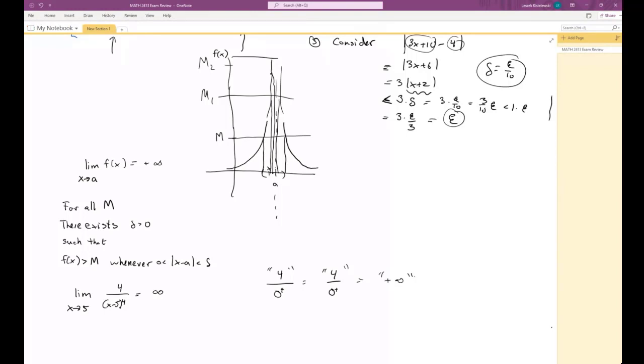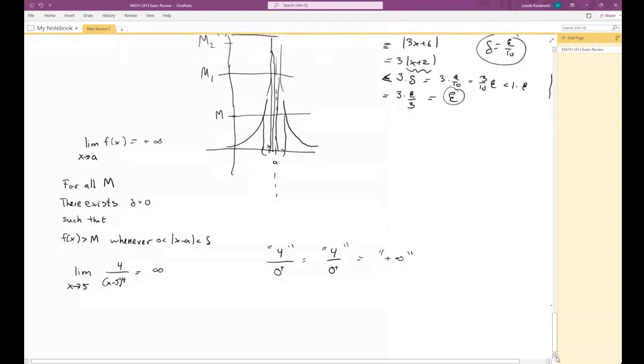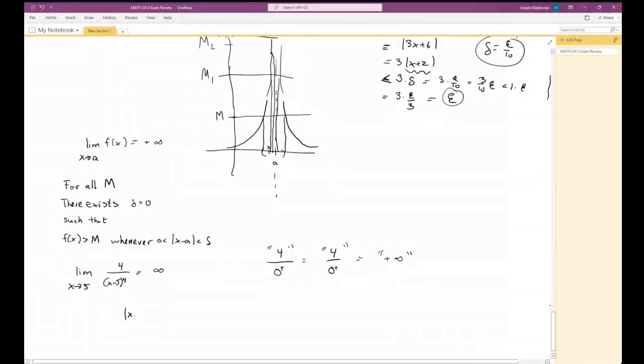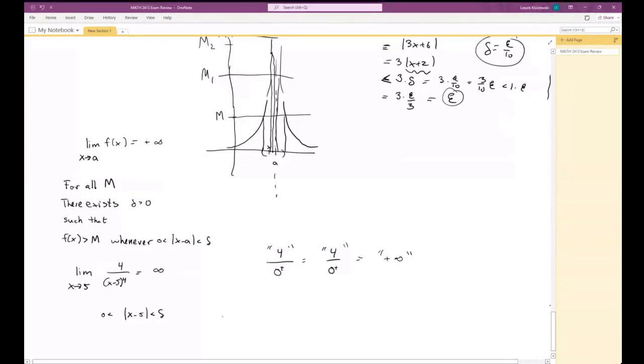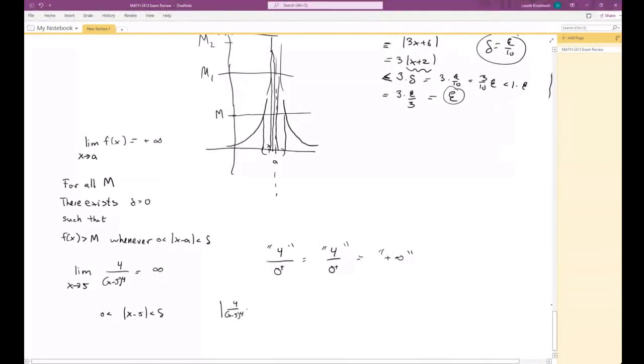So, okay. Right, so we're going to write out the two inequalities, right? So we have to have that our function, if x is close enough to 5, so the absolute value of x minus 5 is less than delta, it's positive, then we would want the function, the distance between the function, its value, and the supposed, well, sorry, we want the function to be bigger than m, so I apologize.